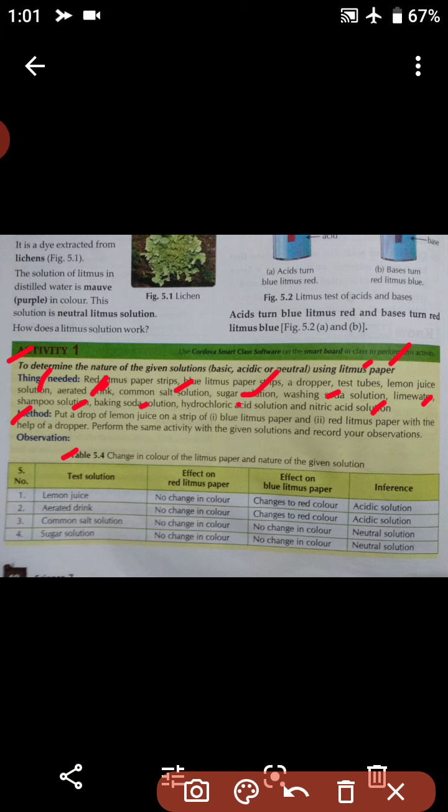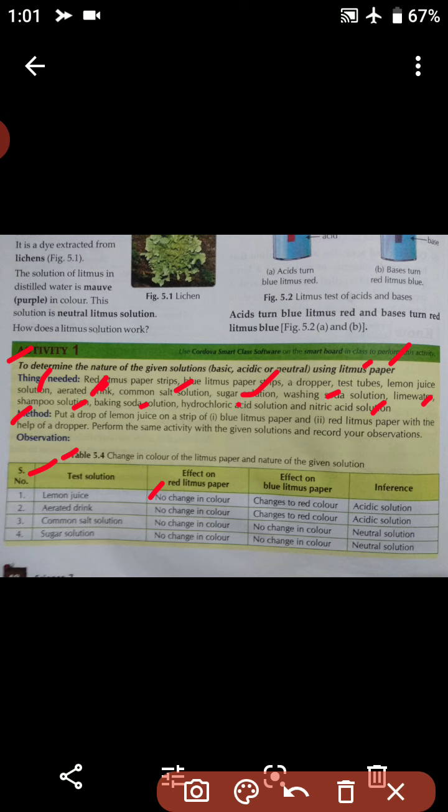So observation is change in color of the litmus paper and nature of the given solution. So number 1 is test solution, the lemon juice, and the effect on the red litmus paper is no change. So whenever you put the drops of lemon juice on the red litmus paper, there will be no change in color.